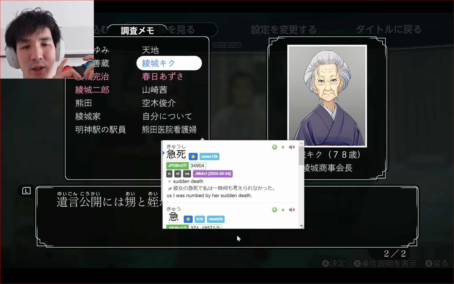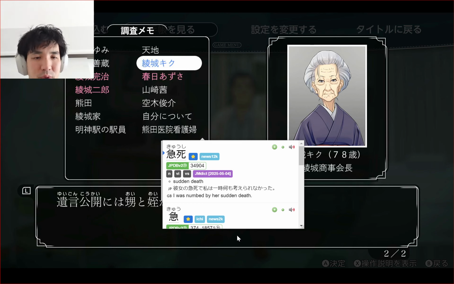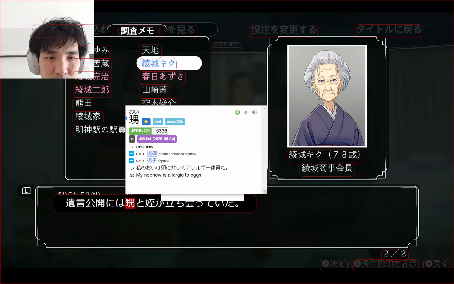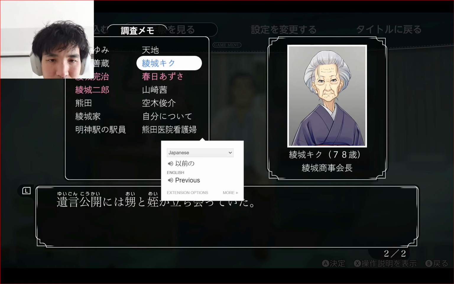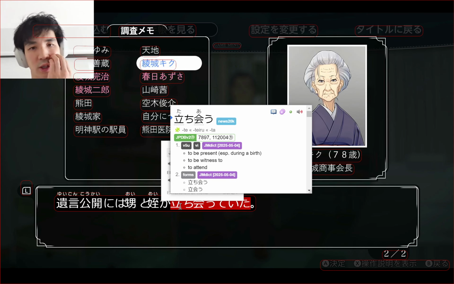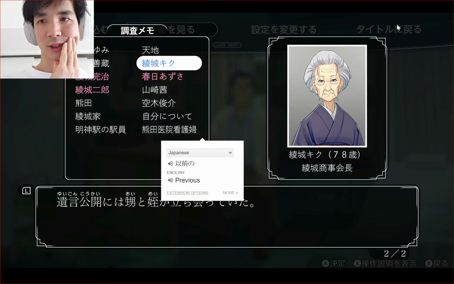Yuigon Kokai ni wa, oi to me ga tachiyatte ita. Oi, the nephew, and the niece, to me ga tachiyatte ita. Tachiyatte, were present. Oh my god, make this thing go away.